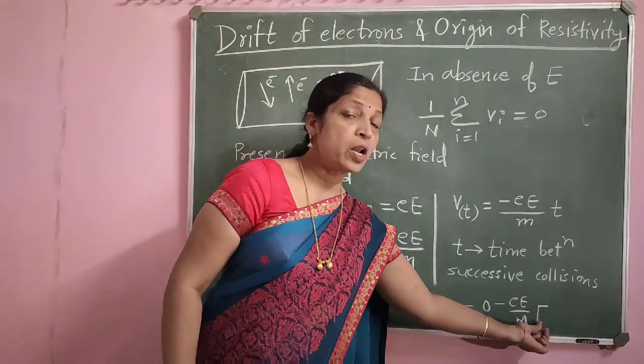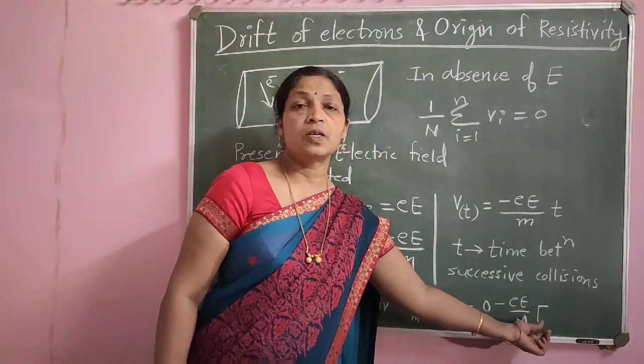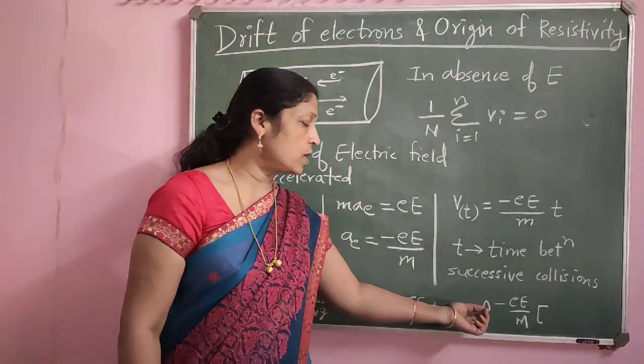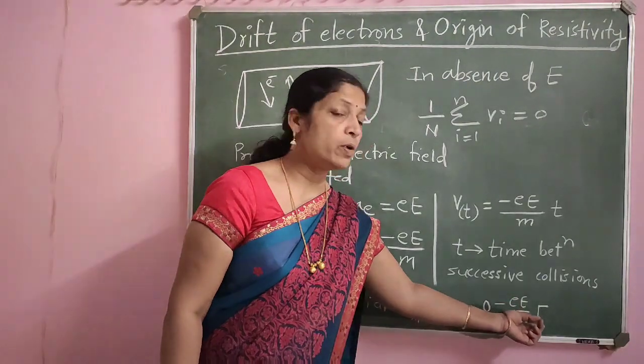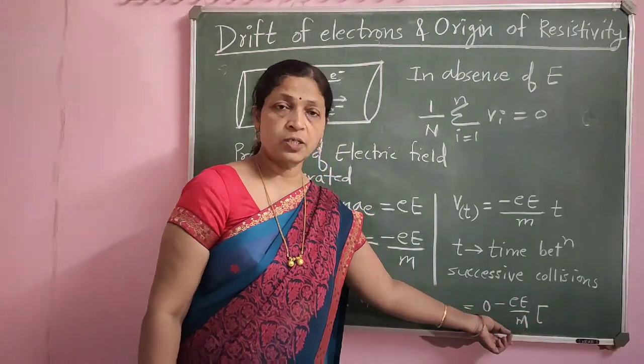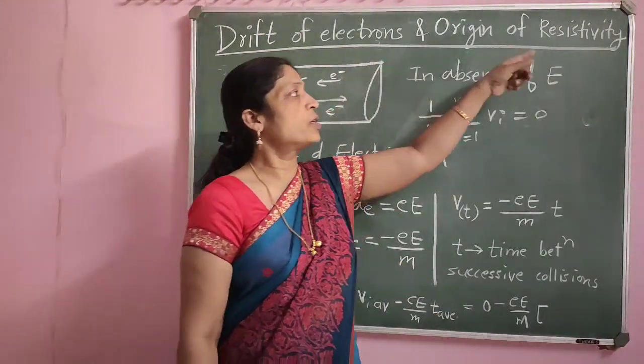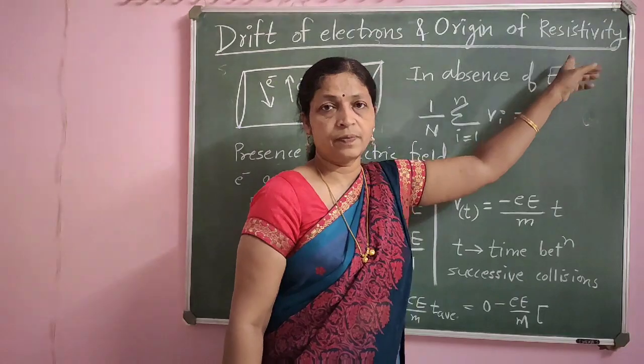Tau is the relaxation time. The drift velocity relation is given as minus eE upon m into tau. We use this relation in the next slide to obtain the relation for resistivity.